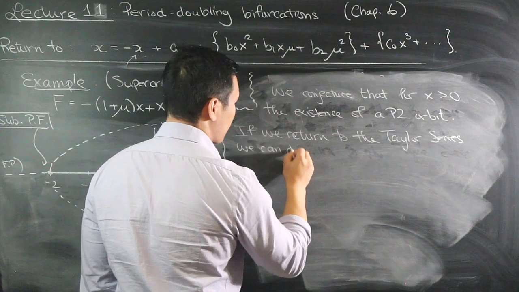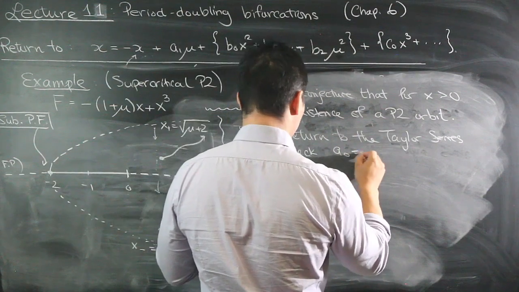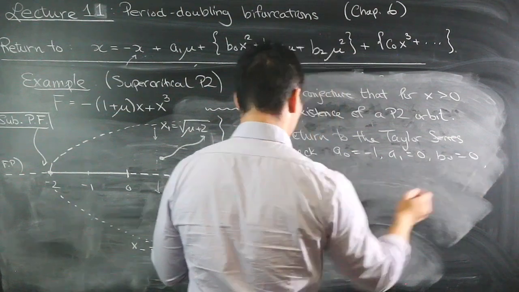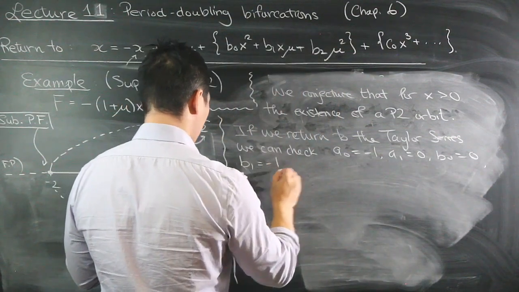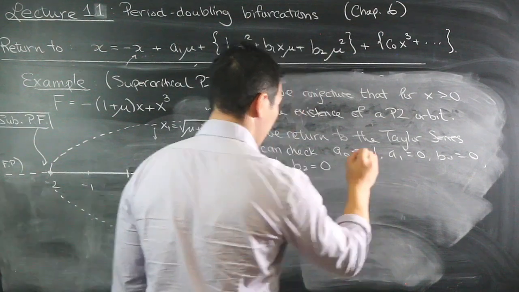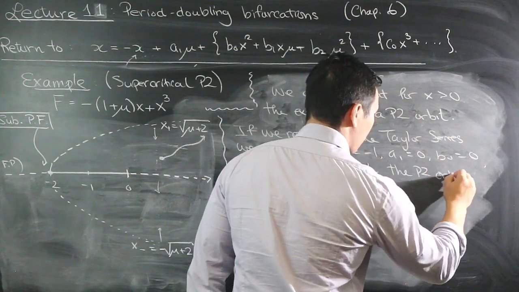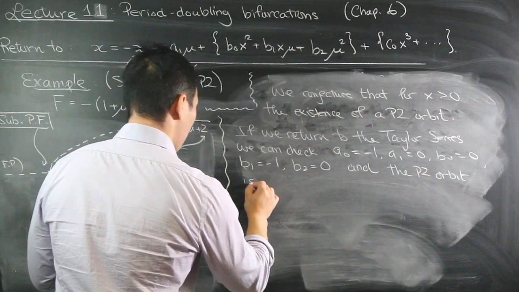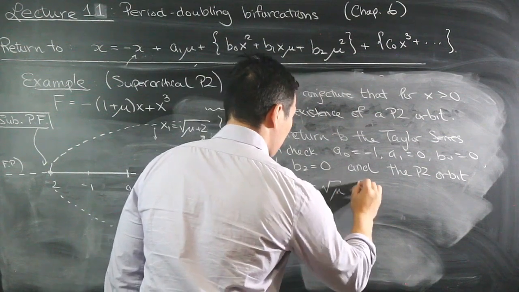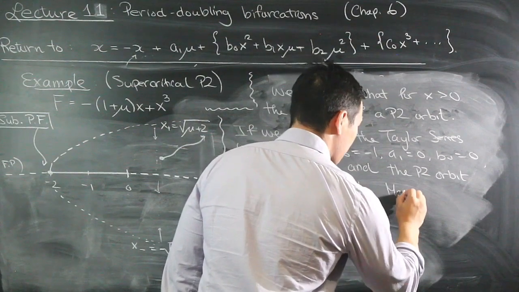I'm going to do it in the very boring fashion here: a0 is equal to -1, a1 is equal to 0, b0 is equal to 0, b1 is equal to -1, b2 is equal to 0. And the P2 orbit is x twiddle equals plus or minus root mu, from Monday's lecture.